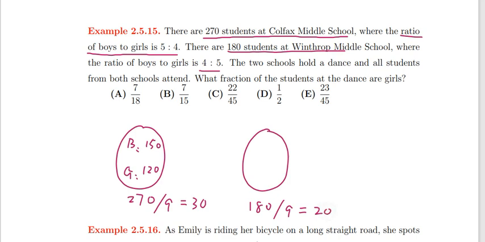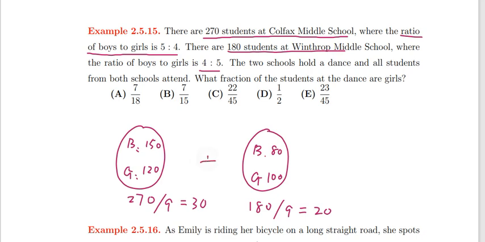Boys count for 4 parts, girls 5. So boys is 80, multiplied by 4, and girls multiplied by 5, 100, right? So we split 180 into two parts, like 80 boys, 100 girls.